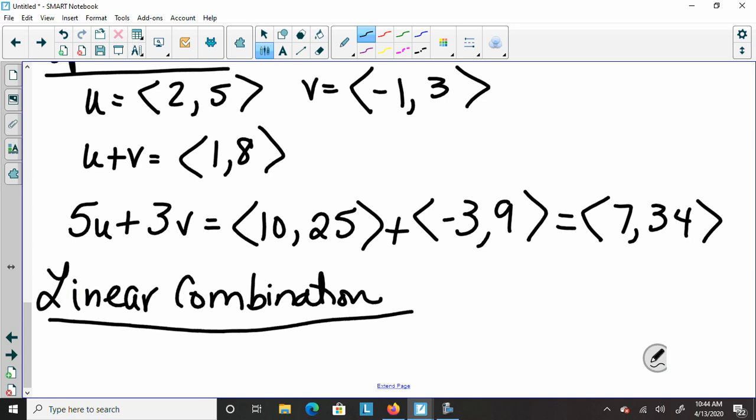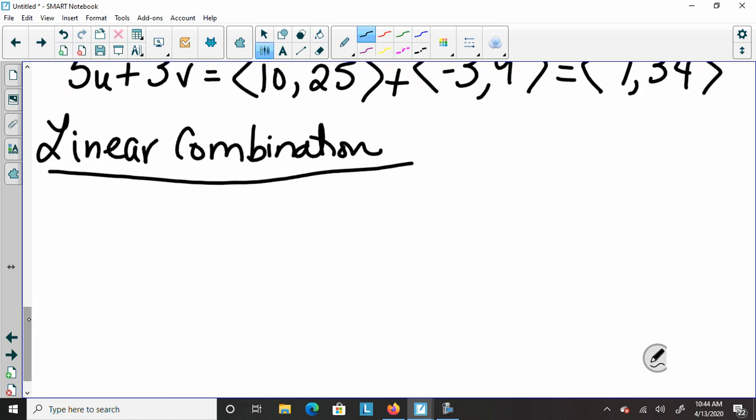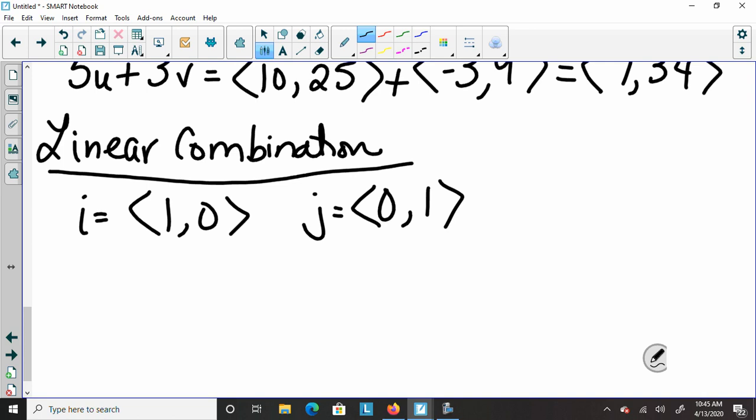Okay, and there are two unit vectors that are used for this. Unit means it's 1 unit long, so we can use a linear combination. So our i unit vector is the vector 1, 0. And the j vector is the vector 0, 1.